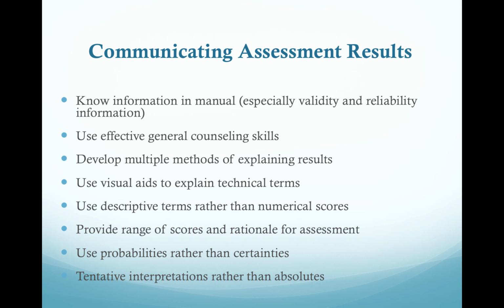And again, we want to provide a range of scores and rationale for the assessment. Again, this is all about connecting to the proper services that are going to help them and using probabilities rather than certainties and tentative interpretations rather than absolutes.